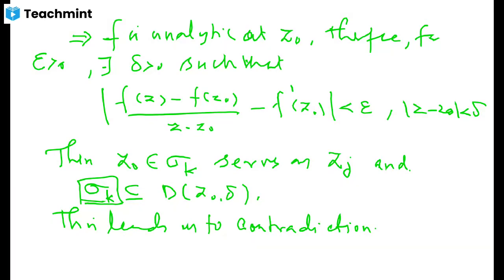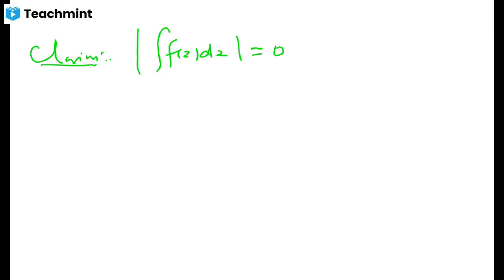Now the final attack that we have to do is finally to show that the modulus of the integral of f of z dz is equal to 0. We have to do this thing now. So we have this claim that over each of the triangles, over each of the squares, we have that inequality 1.